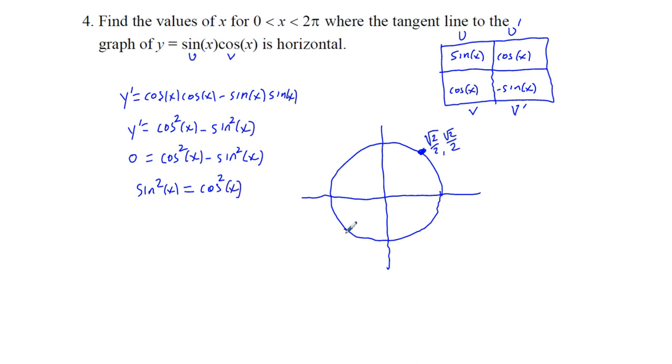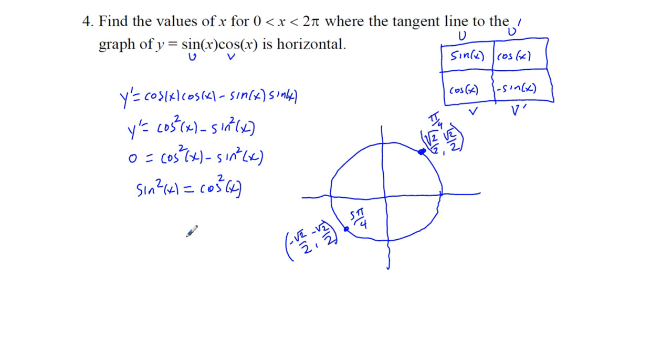And also in quadrant 3, we have the coordinate pair negative square root of 2 over 2, comma, negative square root of 2 over 2. So we know at pi over 4 and down here at, I think that's 5 pi over 4, we have answers.